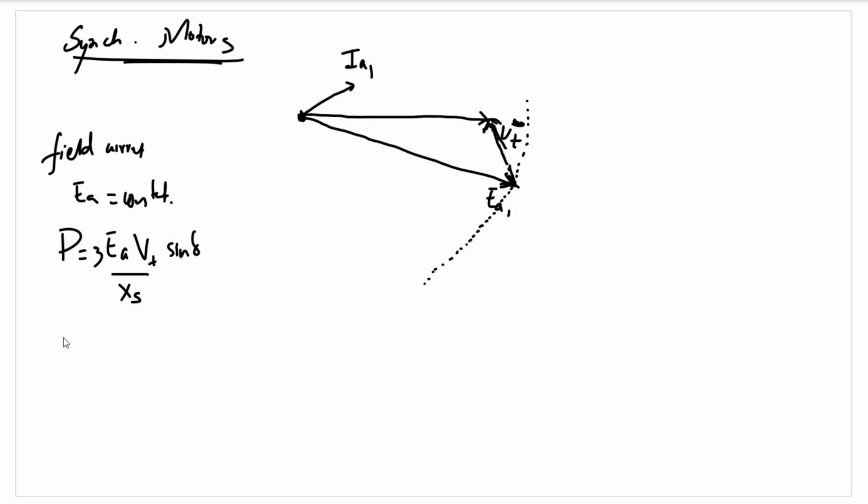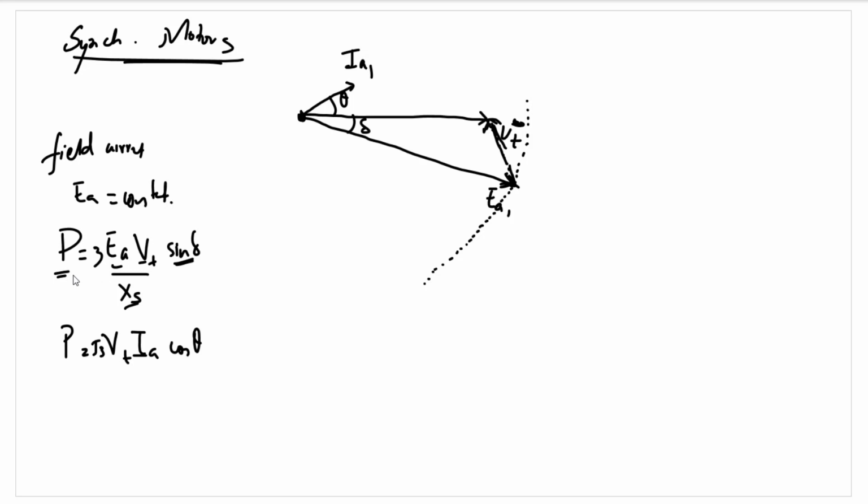Corresponding to these equations of power, this is angle theta. This is angle delta. So now in this case, EA is constant, VT is constant, XS is constant. So sine delta has to change so that P will change.